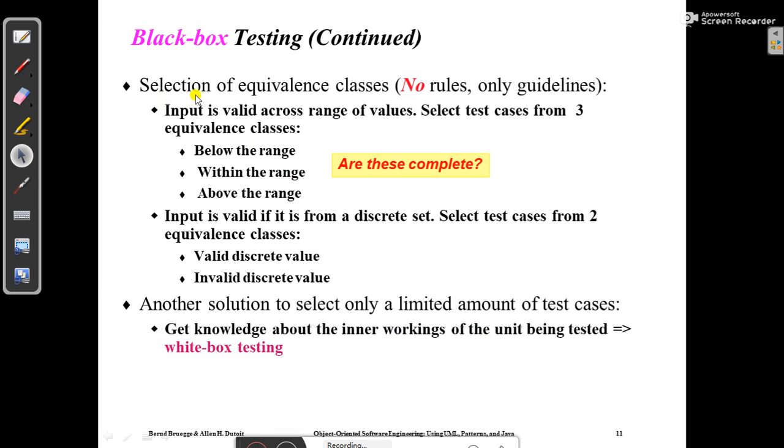Selection of equivalence classes: no rules, only guidelines. Actually there are no rules for selection of equivalence classes, only guidelines. The first point is that the input is valid across a range of values. Select test cases from three equivalence classes: below the range, within the range, and above the range.